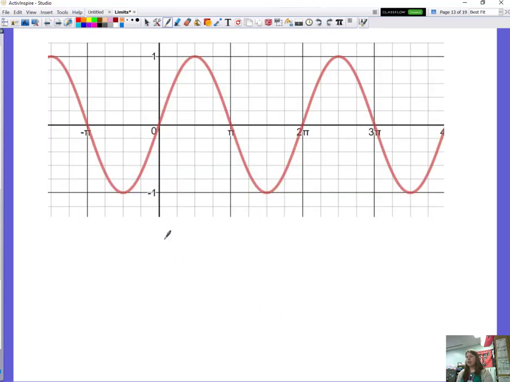Then we could ask what the limit is as x approaches negative infinity. This is sine, so we have sine of x. As x approaches negative infinity, think about what the graph is doing. The graph doesn't ever converge on anything. It doesn't get closer and closer to anything.